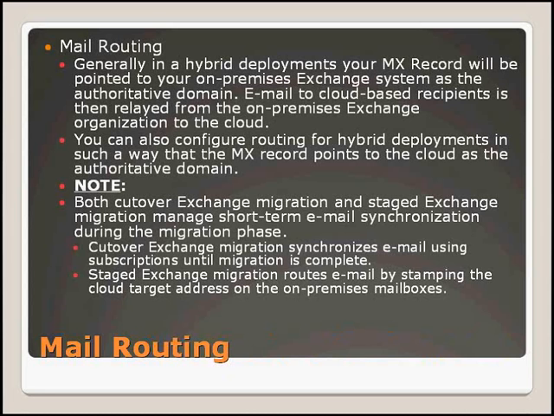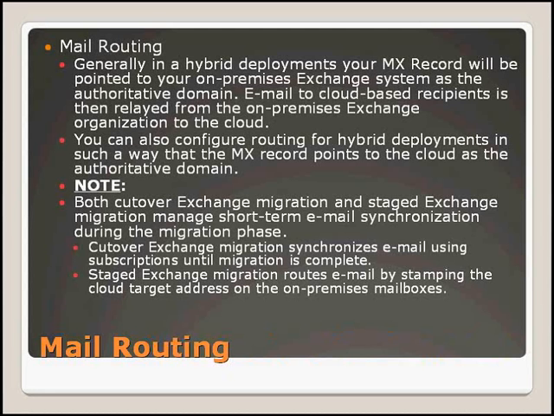But the default or general deployment is actually the other way. The email will come to your end first, and then comes to Exchange Online. So you point your MX record to the Exchange on-premises server, and you have relaying set on that, and it is going to relay it to Exchange Online.